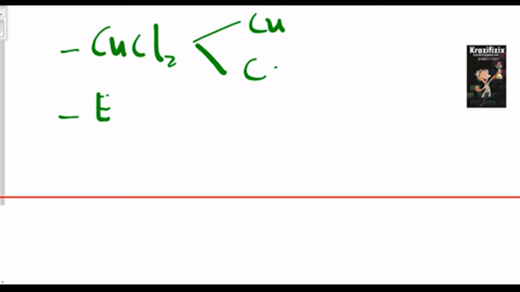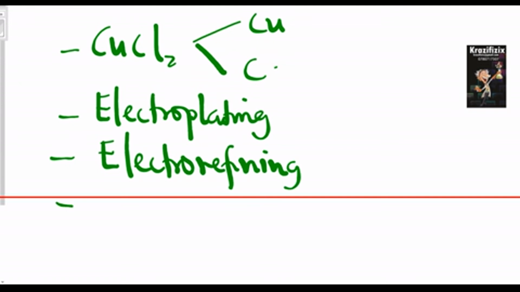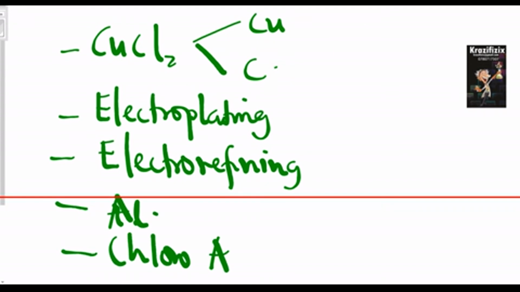And then we talked about electroplating, and after electroplating, electrorefining. Then we mentioned the aluminium process, the bauxite and all. And then we talked about the chlor-alkali industry.